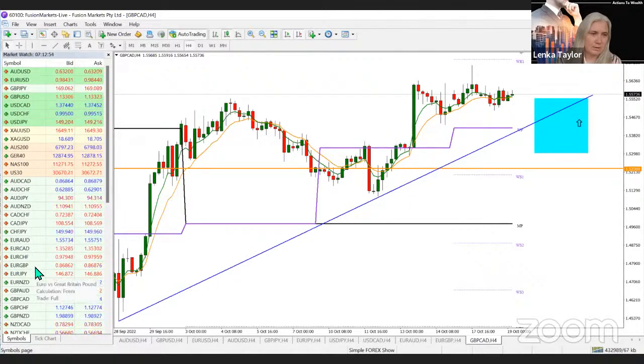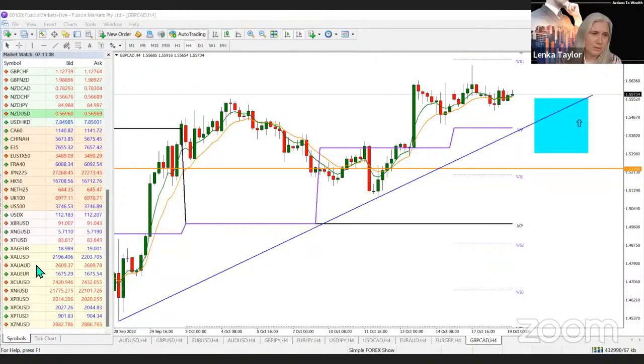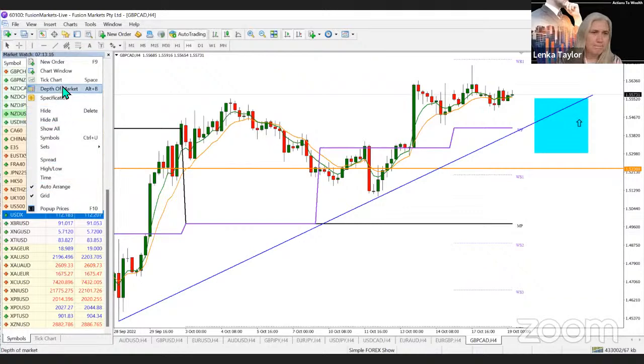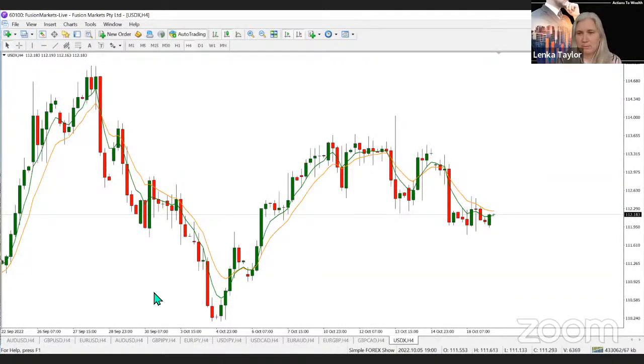DXY. Where's DX? You mean the dollar index, right? Here we go. I got it. Okay. Dollar index. Yep. Okay. Let's have a look.